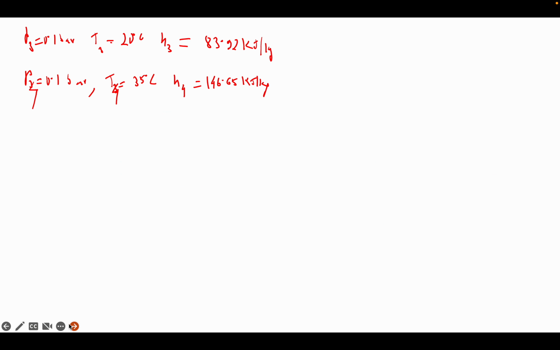Now we always consider steady state. So in the steady state, dm_cv/dt will be equal to 0. If there is no change in the steady state, the inflow of the steam rate should be equal to the outflow of the steam rate, and the inflow of the water rate will be equal to the outflow of the water rate.